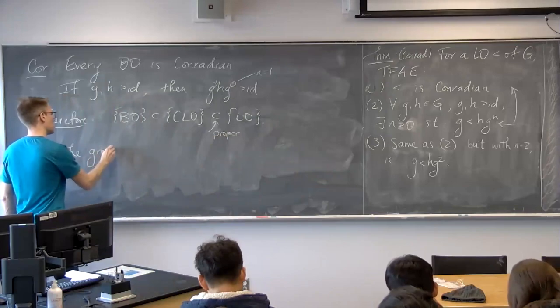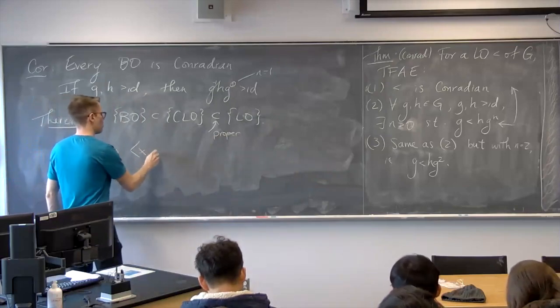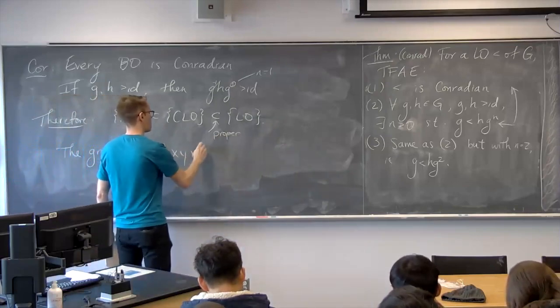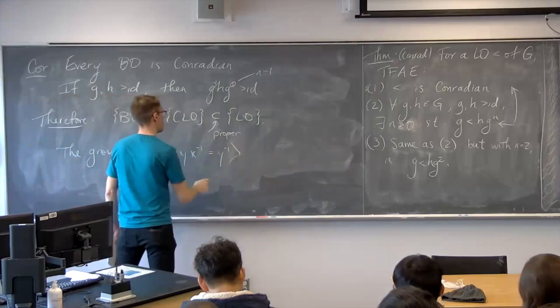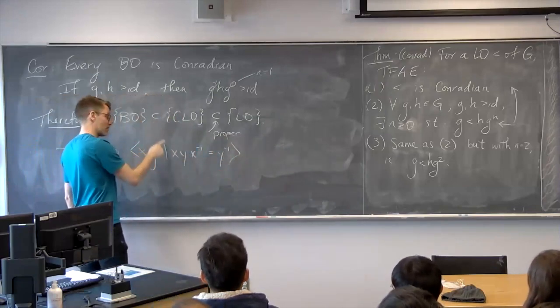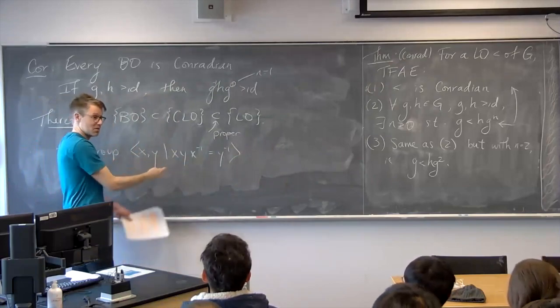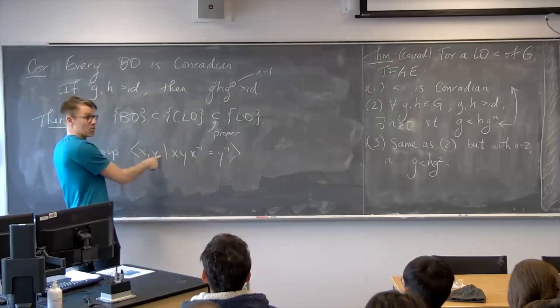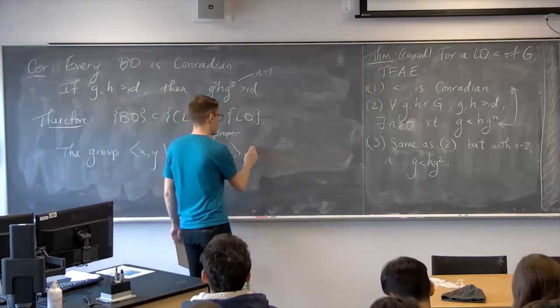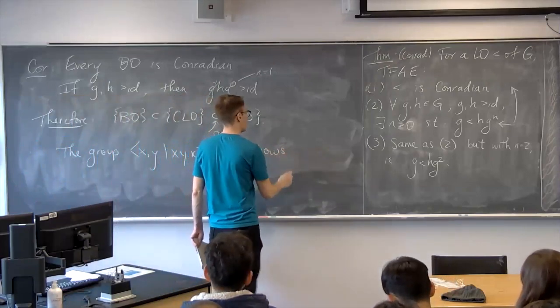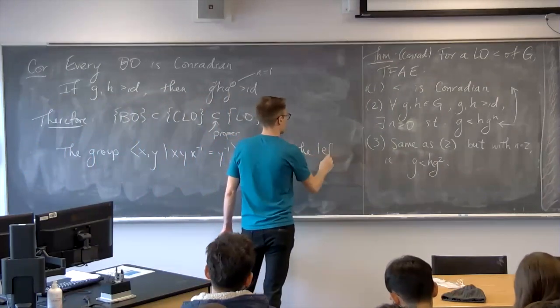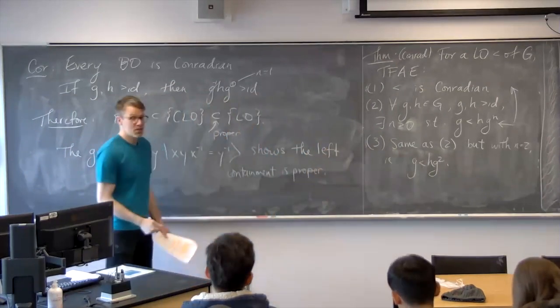The group <x, y | x y x inverse = y inverse> shows that this is proper. This is definitely locally indicable. Just look at the short exact sequence that it's in the middle of. And it's definitely not bi-orderable. So this shows the left containment is proper. So we have something new.